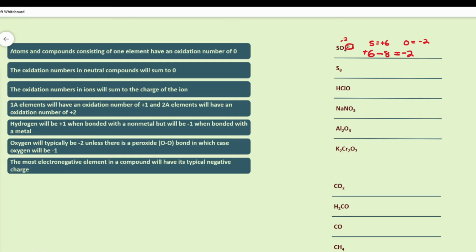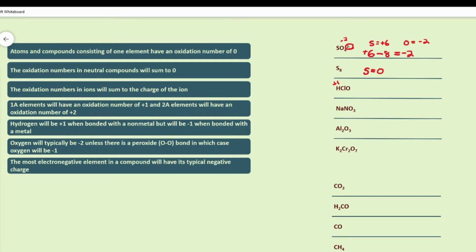All right. What about S8, one of the allotropes of sulfur? Remember, this goes back to the first rule up here: atoms and compounds consisting of one element are going to have an oxidation number of 0. So in this particular case, S equals 0. Okay, now we have hypochlorous acid. Let's start with some of our rules. Remember, hydrogen, when it's bound to nonmetals, is going to be +1.